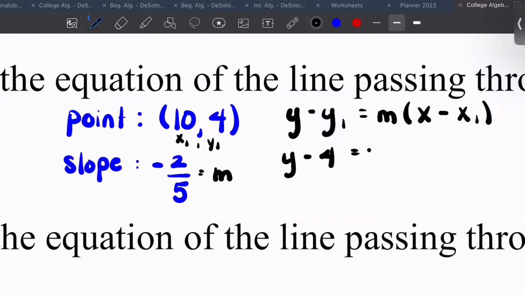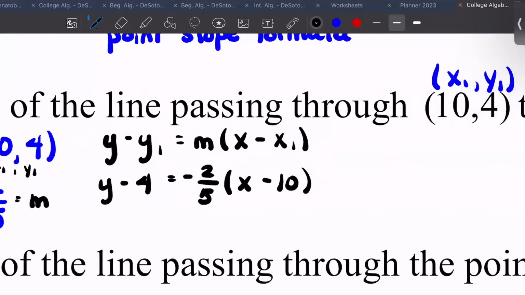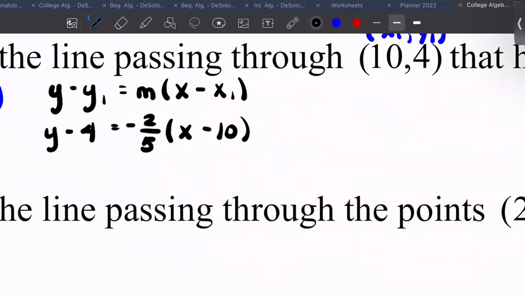That's how we denote slope, m, times x minus 10, which is x1, okay? So we get, I'm going to go up here and do it. y minus 4 equals negative 2/5 x, right?